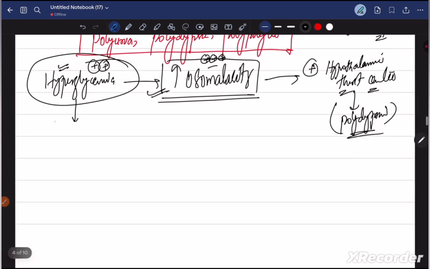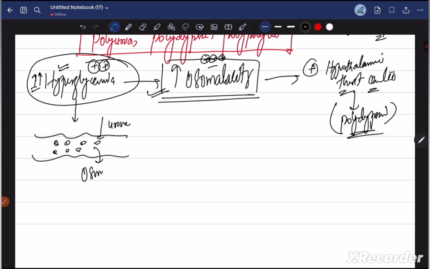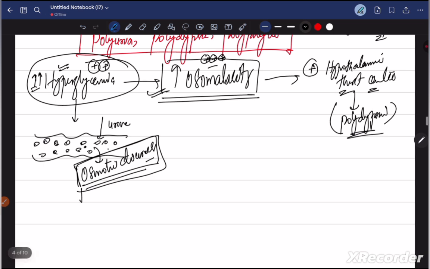Second is, since there is increased concentration of glucose in the blood, when it comes into the urine, it causes osmotic diuresis. Since this is an osmolar molecule, when its concentration in the urine increases, there is glycosuria, it causes osmotic diuresis, and it leads to polyuria. What does it mean?